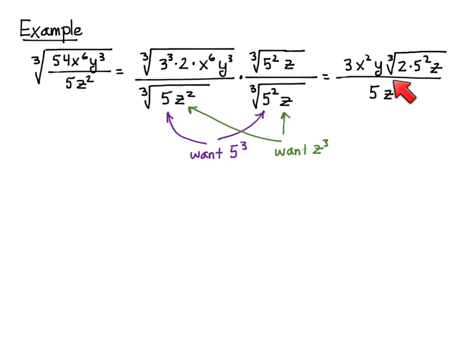And then what I have left over is the cube root of 2 times my rationalizing factors 5 squared z, and that all ends up over 5z. And so to write that ultimately, I take 5 squared times 2 and get 50, and so I'm left with this: 3x squared y times the cube root of 50z over 5z.